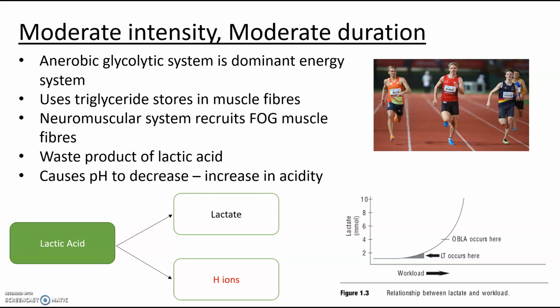And as they get into the last 100 meters down the straight, these hydrogen ions would have built up so much that the muscles and the enzymes that cause the muscles to contract would be so acidic that they physically wouldn't want to work, or would physically cause the performer to slow down, which is why they can't maintain their maximum intensity for the full 400 meters.